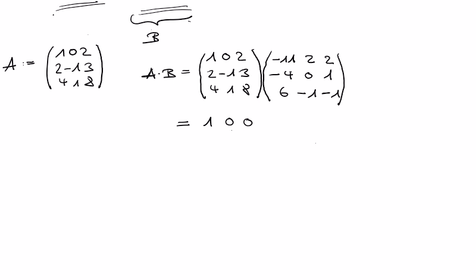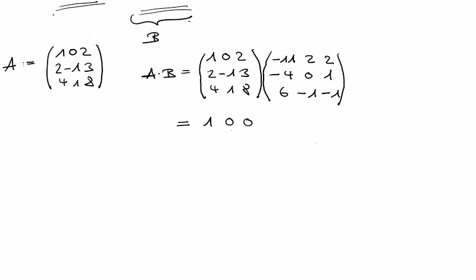Then in the second row we have 2 times minus 11. I'm confused, sorry. So again, we're now doing the second row.